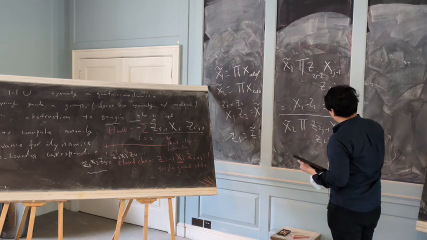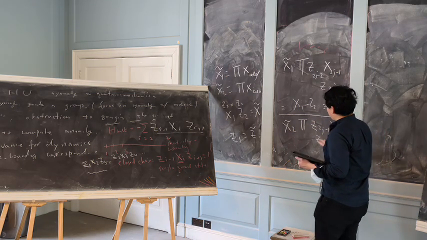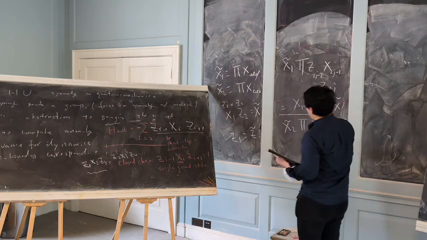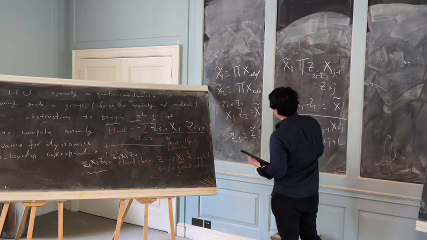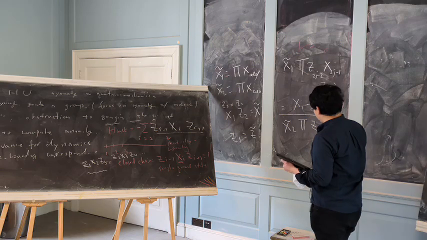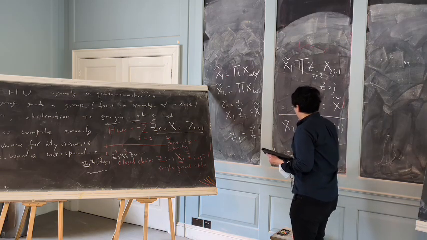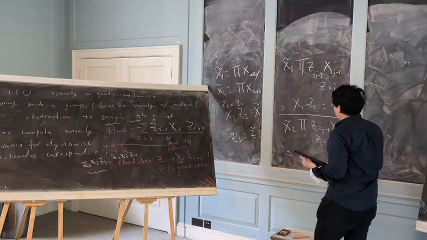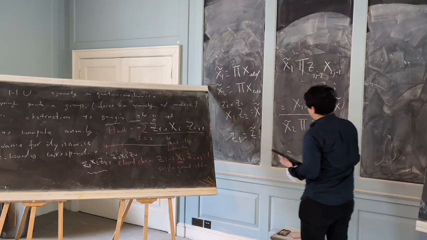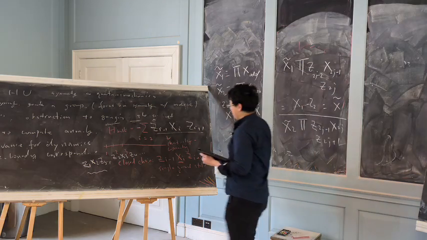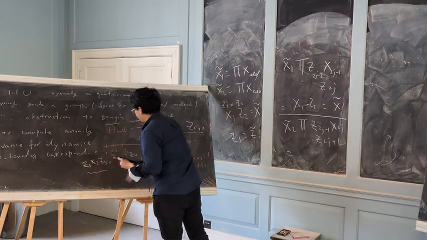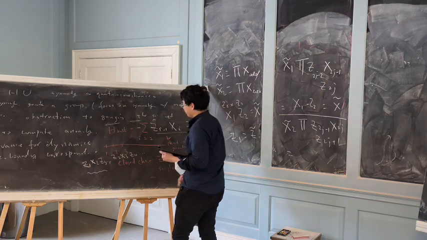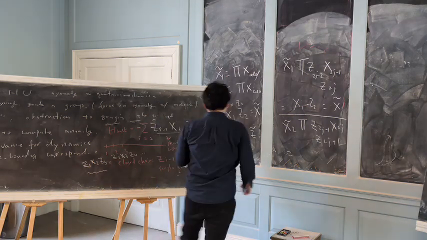On the ground state, all those Hamiltonian terms equal 1. But if you multiply those Hamiltonian terms with this X2 tilde that I defined earlier, then basically all the X terms will cancel each other, because there's already X2 in the first Hamiltonian term.